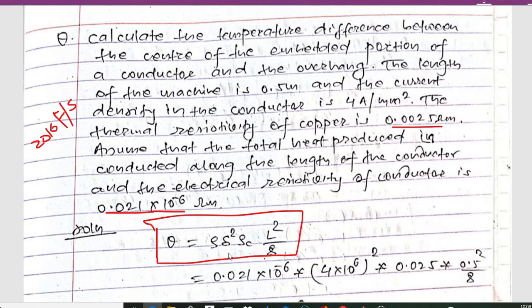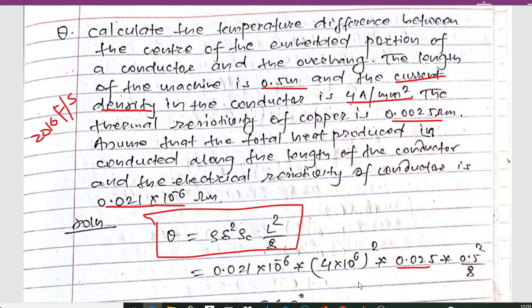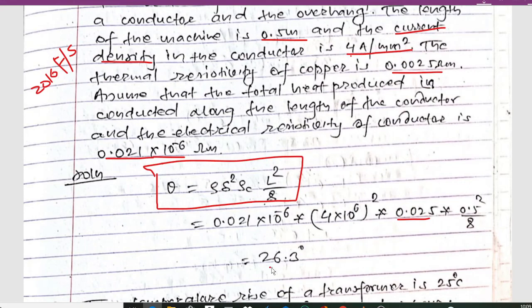Similarly the value of delta, the current density in the conductor, is given as 4 ampere per mm square, so 4 into 10 power 6 whole square, into rho c, the thermal resistivity of copper, which is given as 0.025 ohm meters, into L square, where the length of the machine is 0.5, upon 8. It is going to give 26.3 degrees.